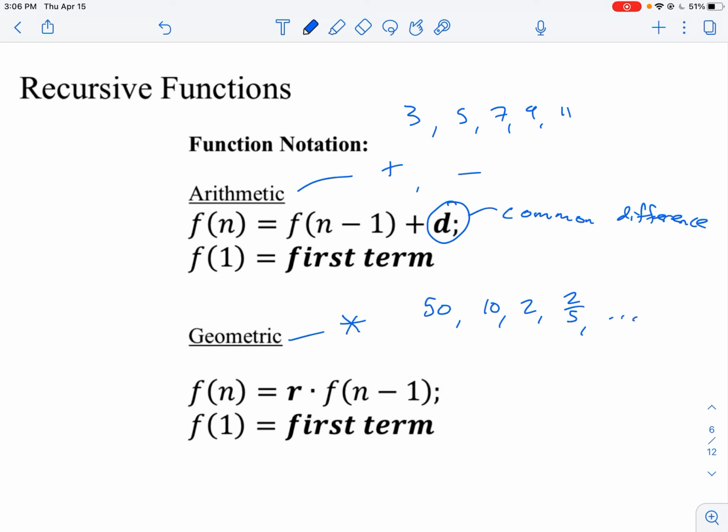The pattern on something like this would be dividing by 5, which would mean it is timesing by 1/5. And this number, the thing you're timesing by, is your common ratio, the R. Common ratio. And it fits in the formula like this, if you're doing a recursive function.